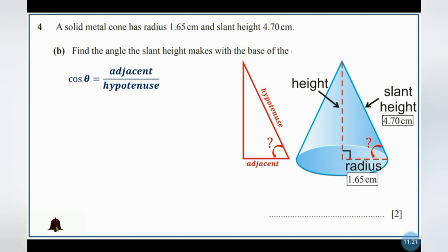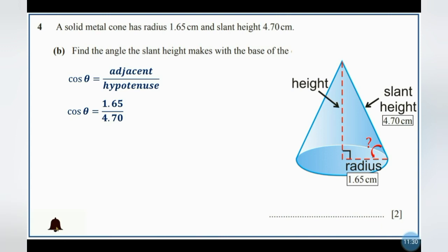What is the measurement of the adjacent? It is 1.65. What is the measurement of the hypotenuse? It is 4.70. So it will become cosine theta is equal to 1.65 divided by 4.70. You just need to bring the cosine to the right side, which will give you the cosine inverse. Cosine inverse of 1.65 divided by 4.70.